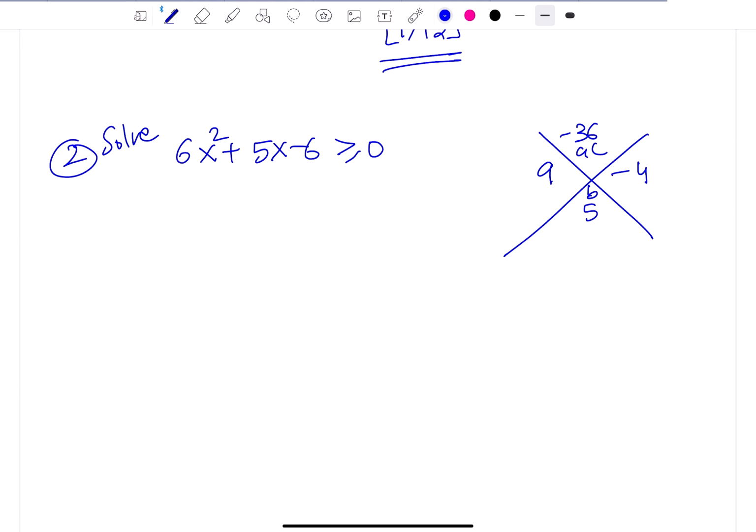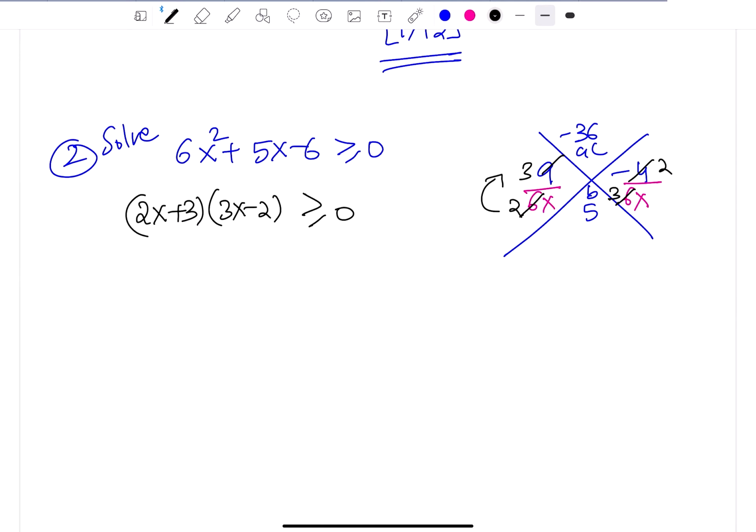They multiply to give me negative 36 and add to give me 5. Divide both of these by the 6x to now simplify. This is going to be 2x plus 3. This is why this method is called bottoms up. And the second factor simplifies to 3x minus 2, greater than or equal to 0.